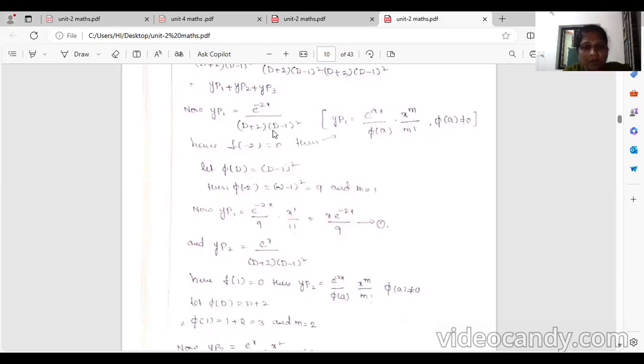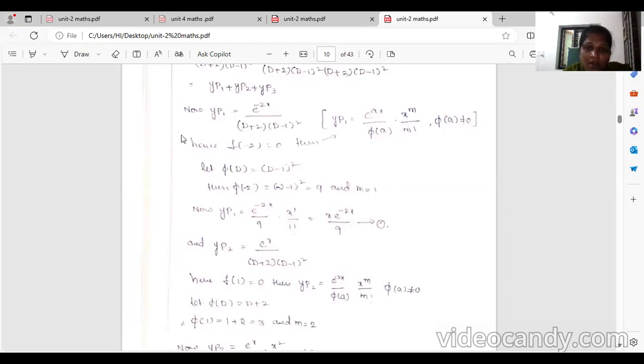This is not phi(a). With D = -2, the other factor is not equal to 0. This is phi(a), that is phi(-2). Substituting -2: (-2-1)² = 9. And D = -2 makes this factor 0, and this factor is repeated one time.